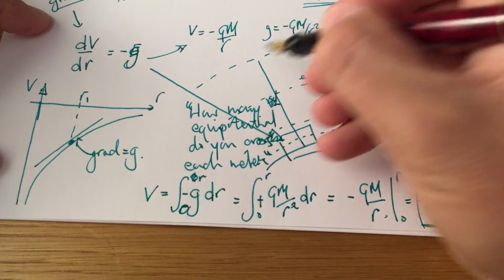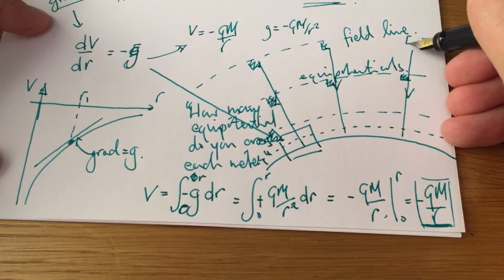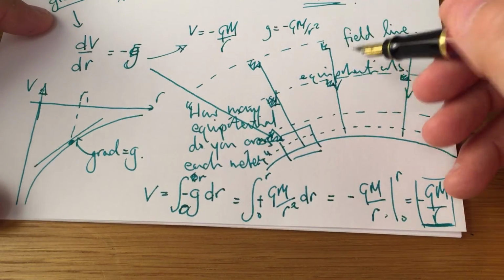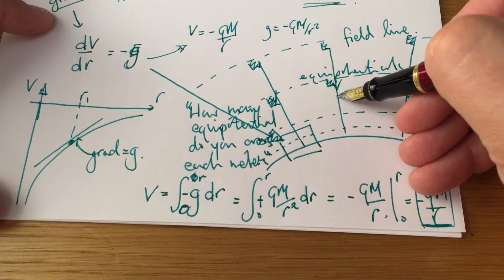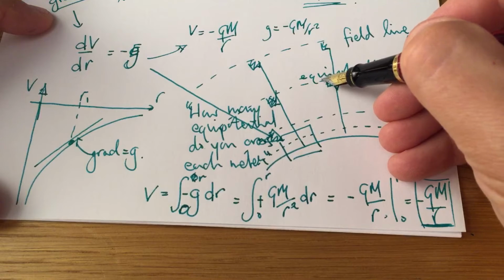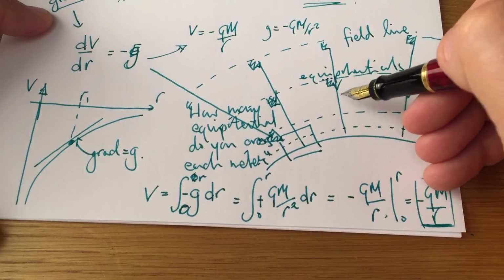You'll do the same analogy with electric fields in a minute. Why do they sit at right angles? Well, if there was any force in the direction of this equipotential, then you'd be gaining energy, so it would no longer be an equipotential. So the right angle is essential.